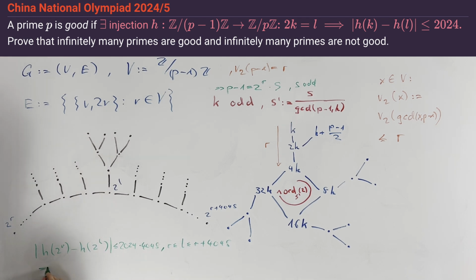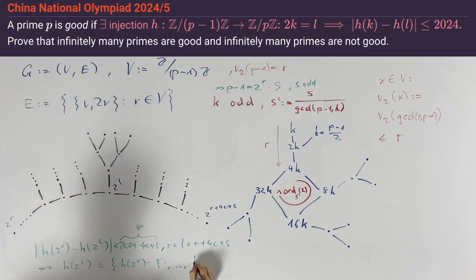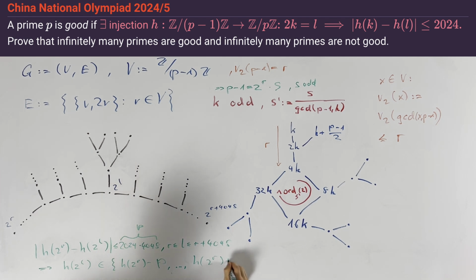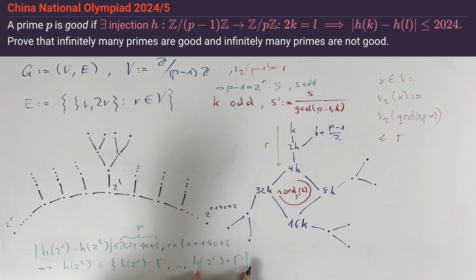In other words, we know that h of 2 to the l is an element of the set h of 2 to the r minus capital P, where capital P should be this product, up to h of 2 to the r plus capital P. Moreover, all the h values of one arm have to stay in the set, or they will at some point attain one of the 2024 values before h of 2 to the r minus P or after h of 2 to the r plus P.